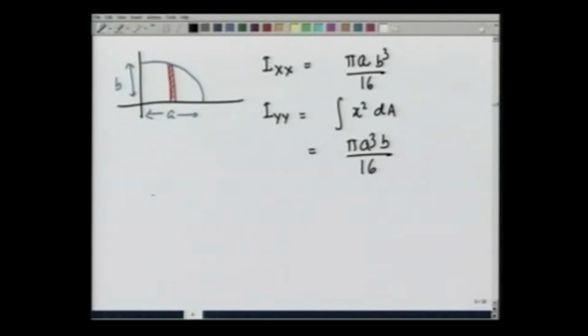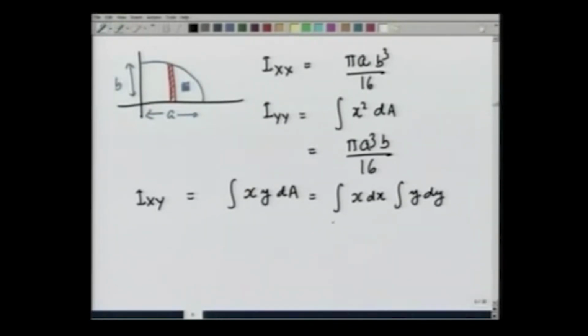How about Ixy? To calculate Ixy, I have to calculate the integral of x y dA, where dA I take to be a small area at point x and y. And this can therefore be written as x dx y dy.